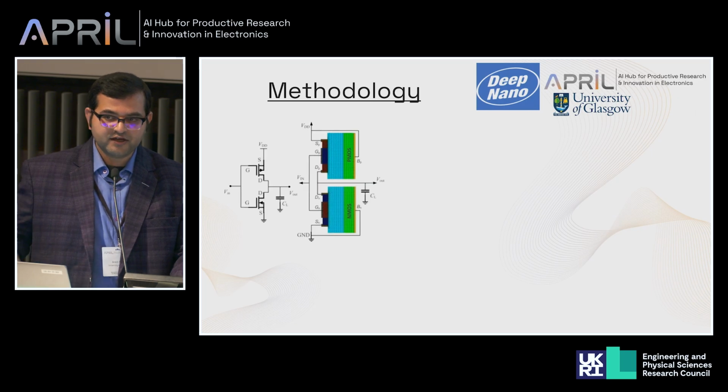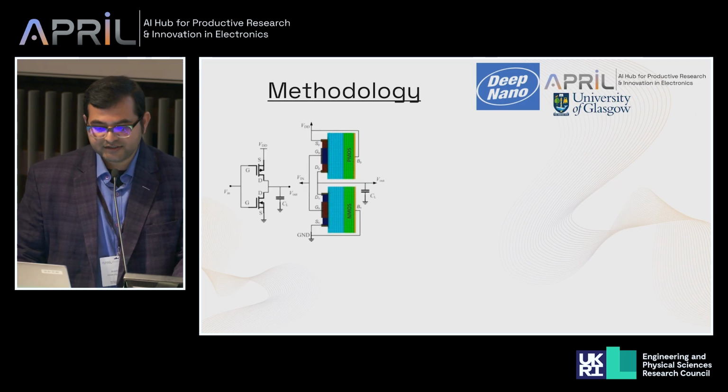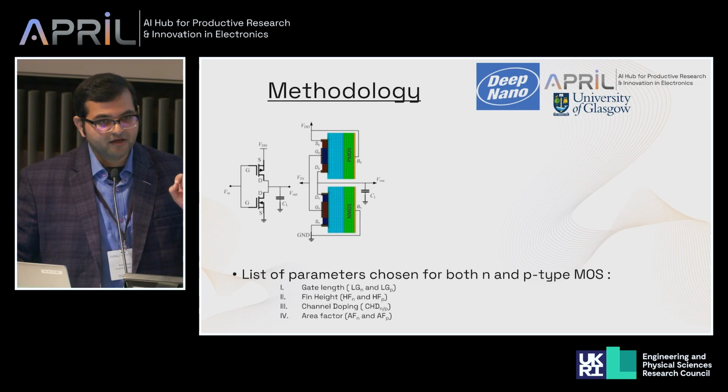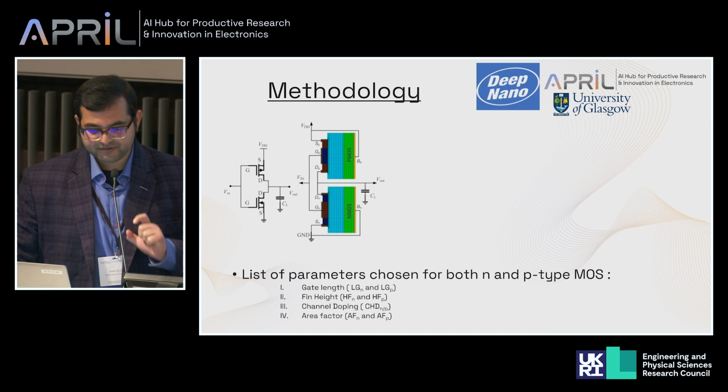The methodology we are using, we are focusing on a single cell of SRAM, which is basically a CMOS inverter. In a CMOS inverter, we have certain device parameters like the gate length, fin height, channel doping, and area factor, and these individual parameters significantly affect the performance of the overall SRAM cell.